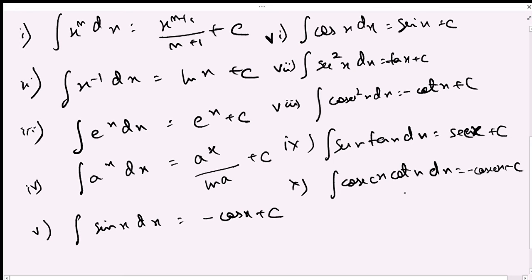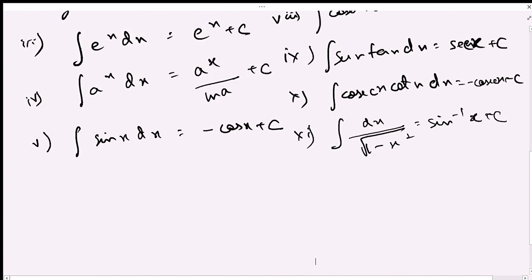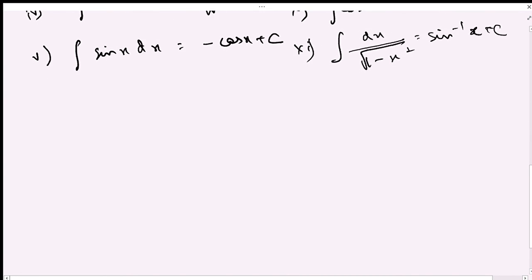Clear? Then we have integral of dx over root of 1 minus x square, which is given as sin inverse x plus c. Okay.